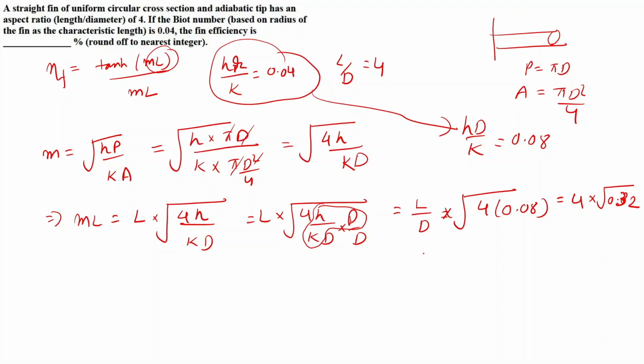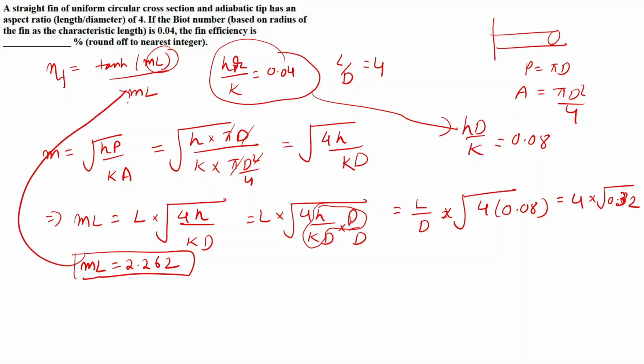So you can calculate this, and the mL value will come around, I think, 2.262. We will put this mL value in this equation, and we can get the effectiveness factor as tan hyperbolic of 2.262 upon 2.262.